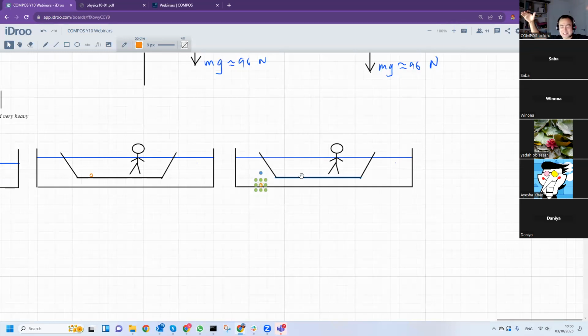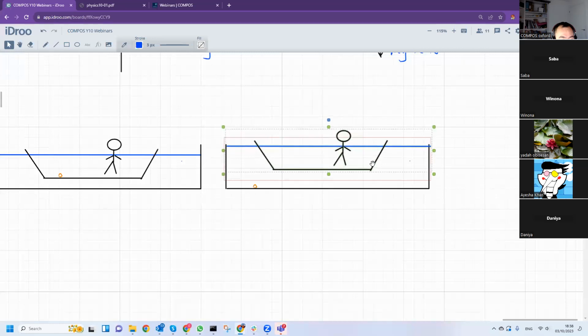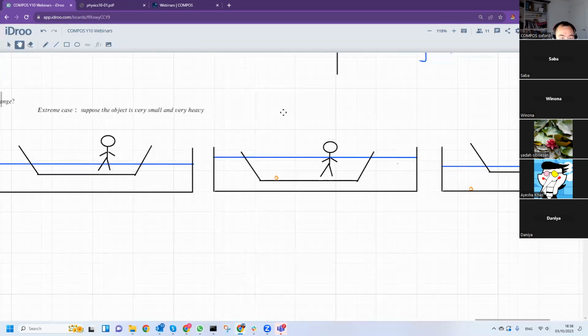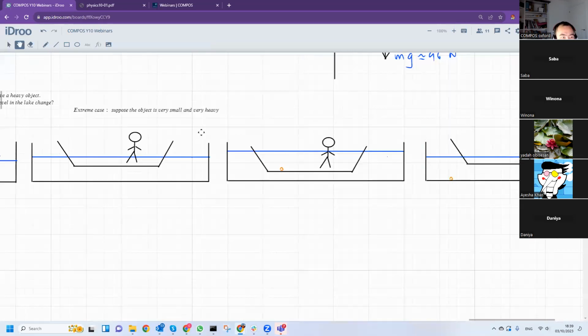Well, it changes so small that it doesn't matter. And that means that the boat goes back up. And hence the water level drops. It actually drops to the same level as this one. So I'm just going to adjust it ever so slightly. Approximately like this. Okay.